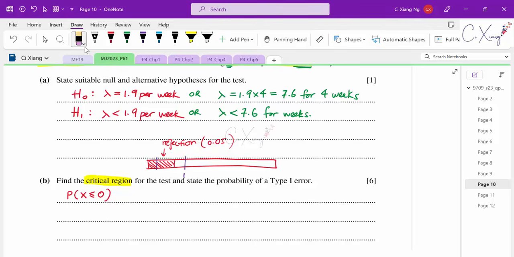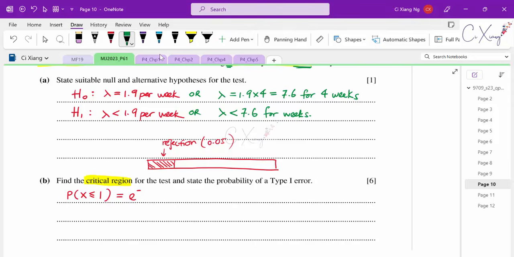Usually we will not start from 0 because 0 is quite surely inside the rejection region. So maybe I will try my luck and start with x smaller than or equal to 1 first to save a little bit of time. To calculate x smaller than or equal to 1, the formula will be e negative lambda. The lambda that we are using should be the 4 weeks one.